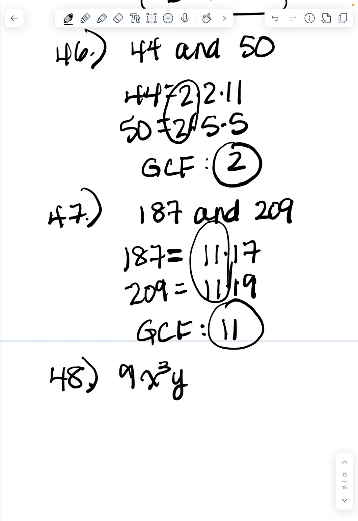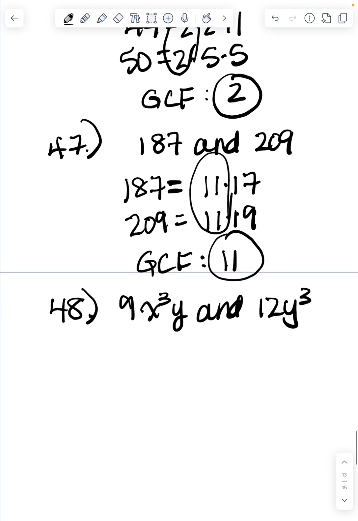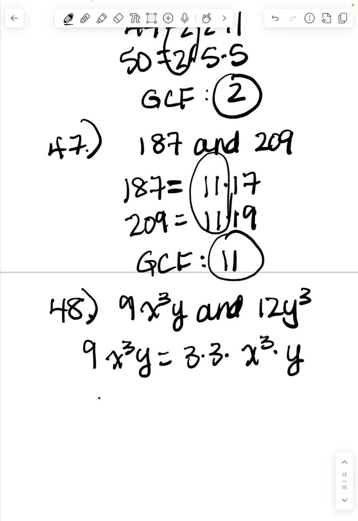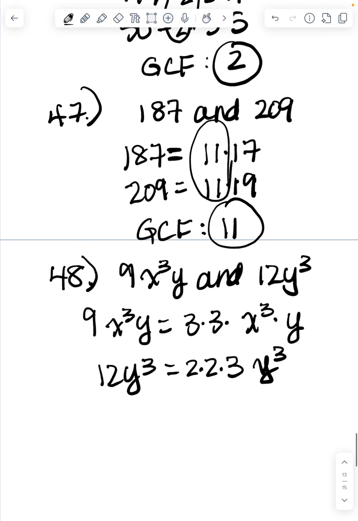9x cubed y and 12y cubed. Okay, so for 9x cubed y, we would have 3 times 3. Then we'd have x cubed and y. 12y cubed, we'd have 2 times 2 times 3 y cubed.